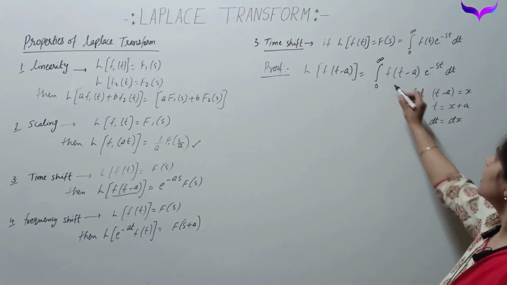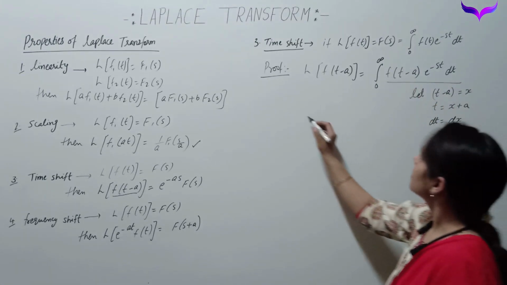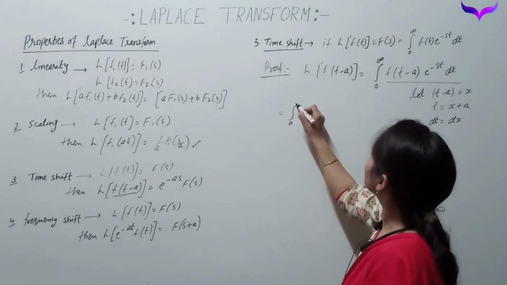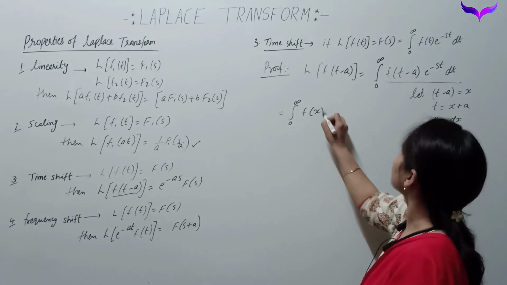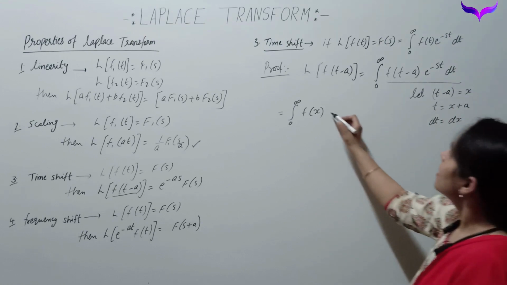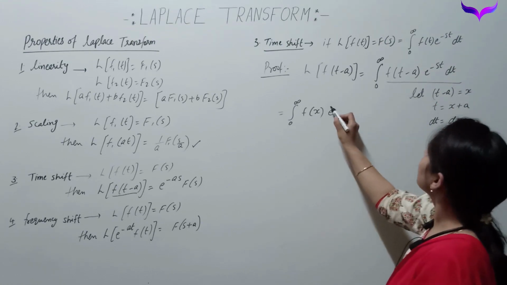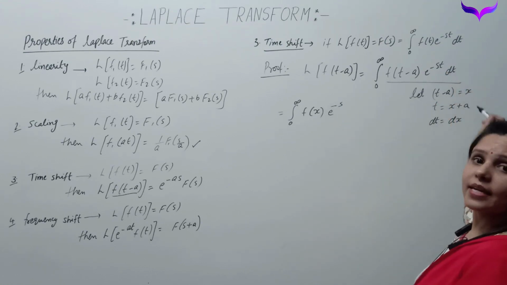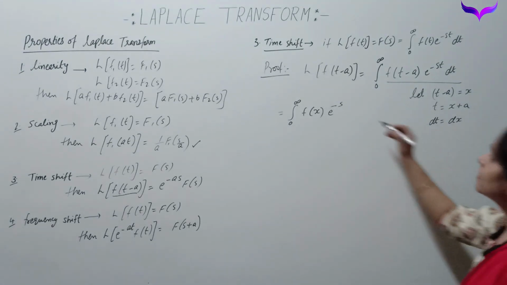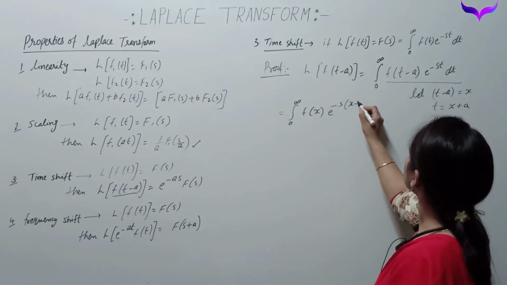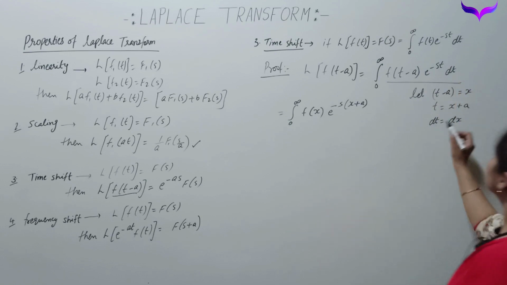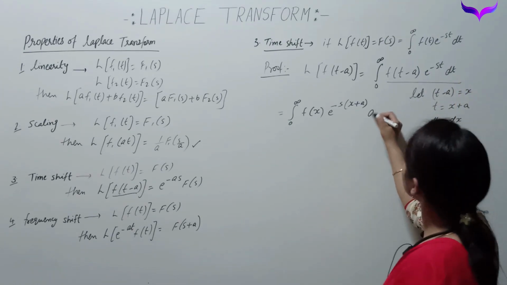Now put these values in this expression. Let's put it as integral 0 to infinity f of x, since t minus a is x, and e raised to power minus s times (x plus a), and dt is dx, right?